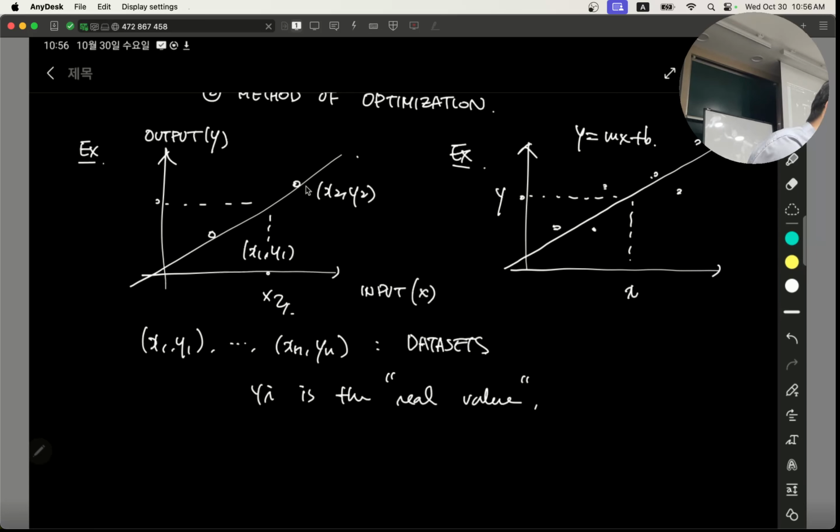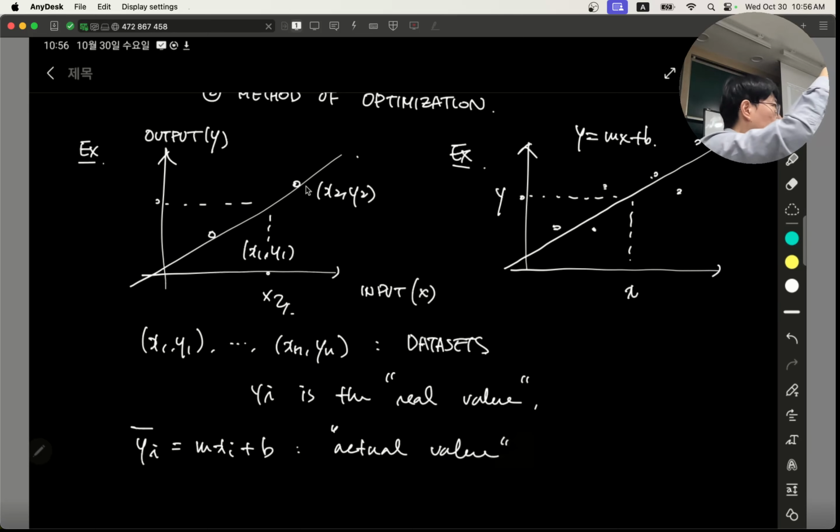And let's say my yi bar is given by putting xi into the optimized line, written as yi bar to distinguish it from yi, which is the actual value. You have to see the difference here.